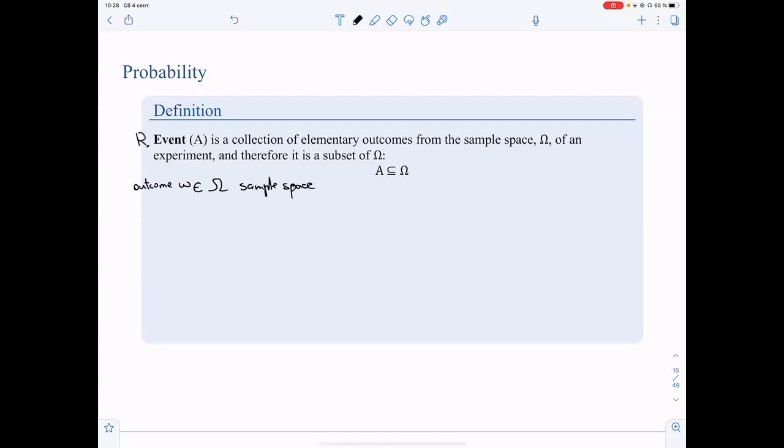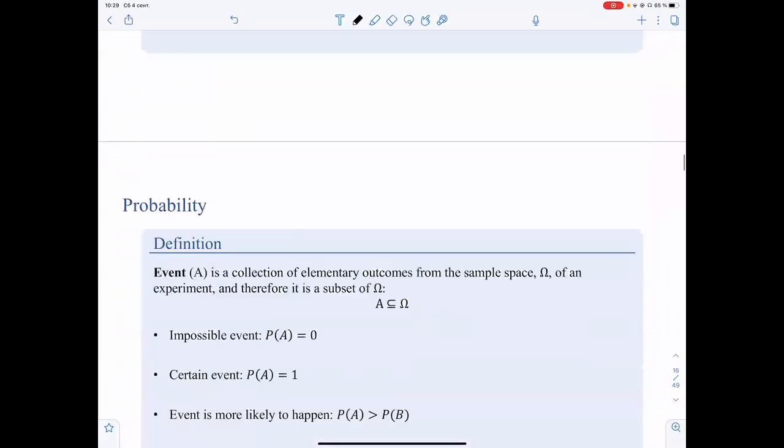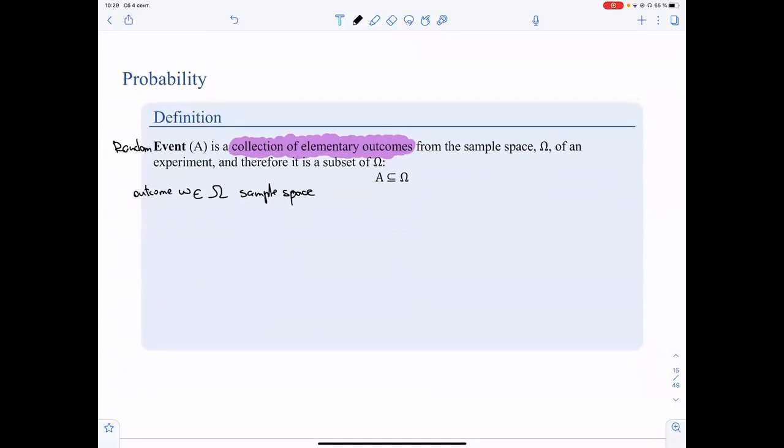A random event is a subset of a sample space. So an event A is a collection of elementary outcomes, small omegas, and it is part of the sample space.